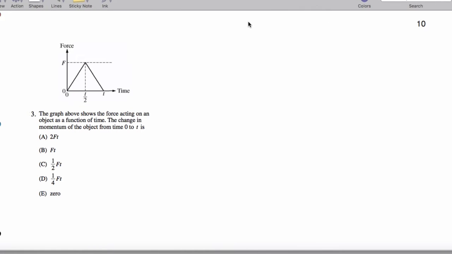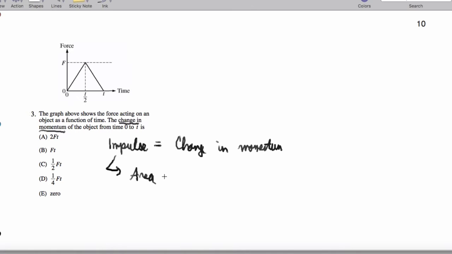So for question number 3, oh my gosh, we want the change in momentum from this graph. Okay, let's just remember, impulse equals change in momentum. And this is just the area under the F versus T graph.